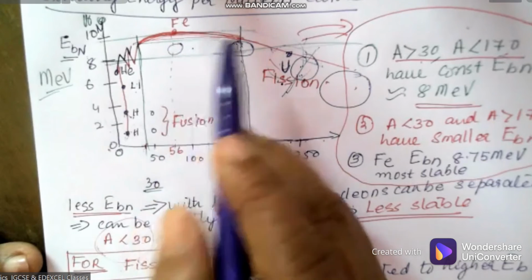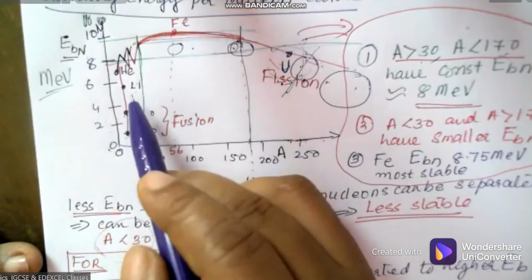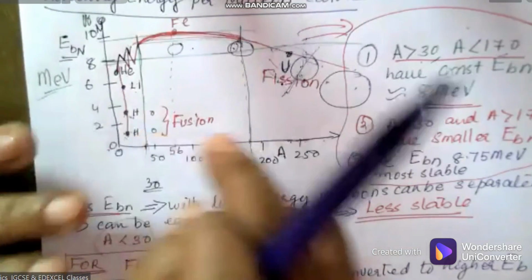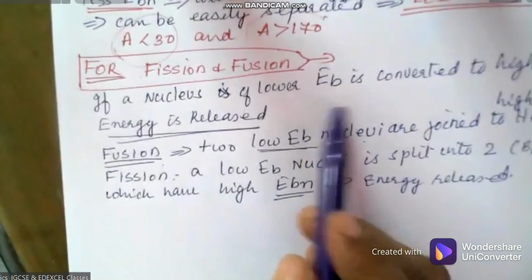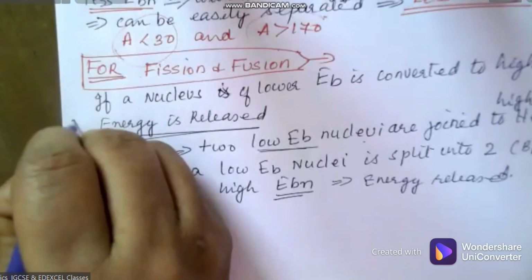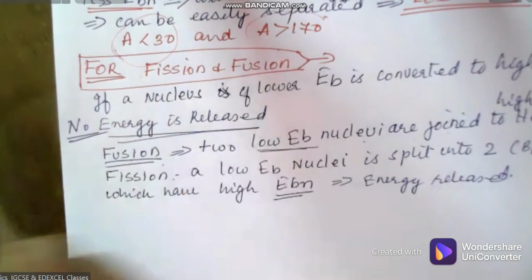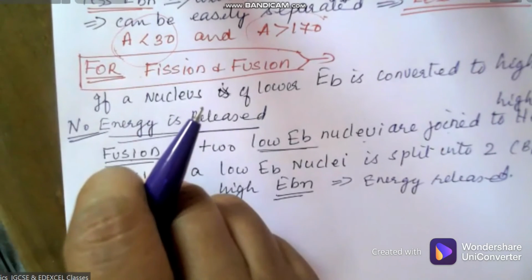So your aim is to bring elements to this range after either splitting or joining. This is the thumb rule: if a nucleus of low binding energy is converted to higher binding energy, a very huge amount of nuclear energy is released.